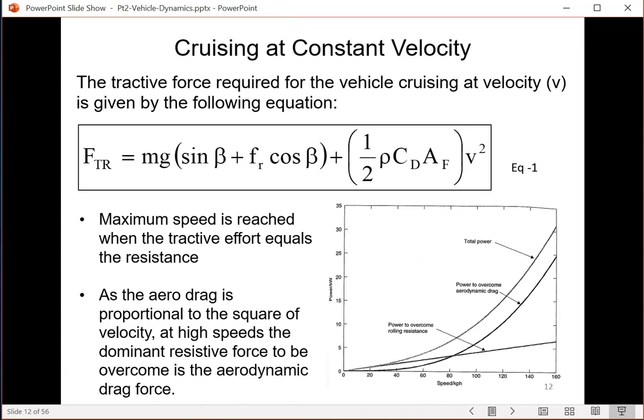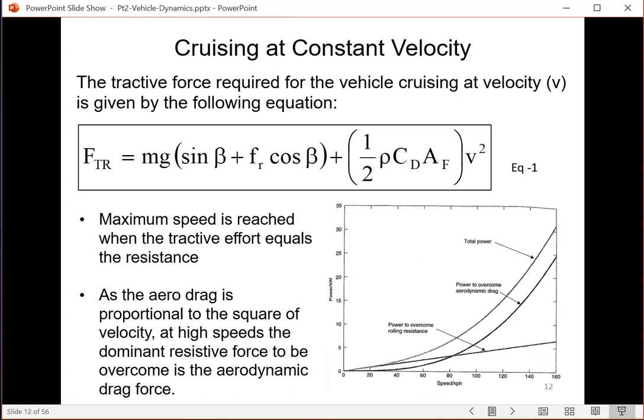So the cars tend to have the traction force or traction power that is more than capable of going over the speed limit on a road. But let's assume we've got no limit, like if we drive in Germany. If there is no speed limit, what is the maximum speed we can actually achieve with a car?